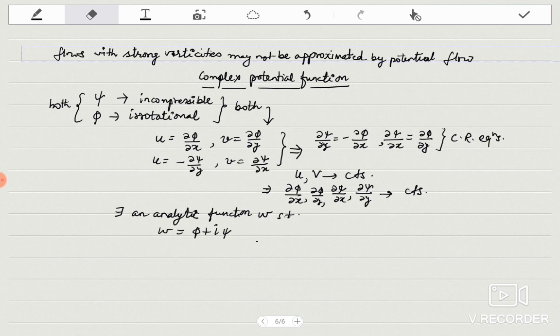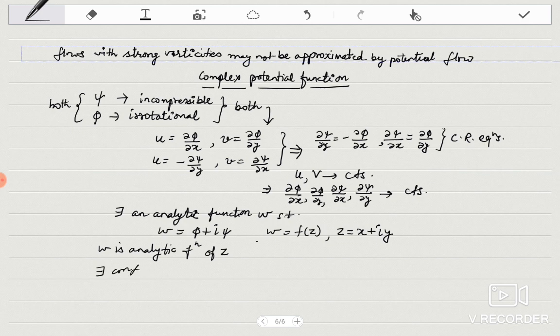Here W is a function of z, where z is defined in the complex plane x + iy. Now since W is an analytic function of z, you know that if a function is analytic in a complex plane, there may exist a conformal mapping.